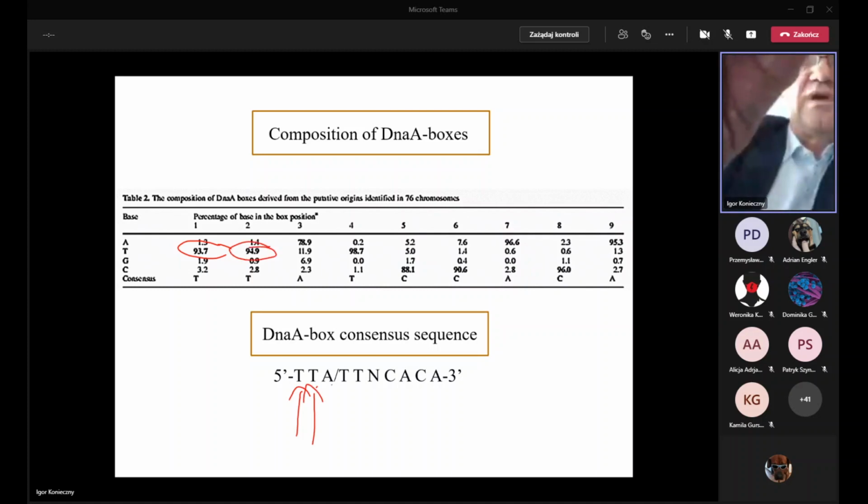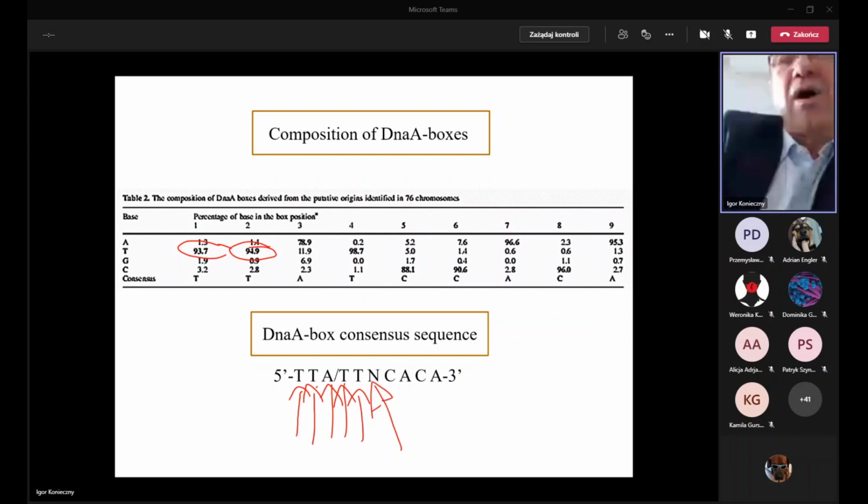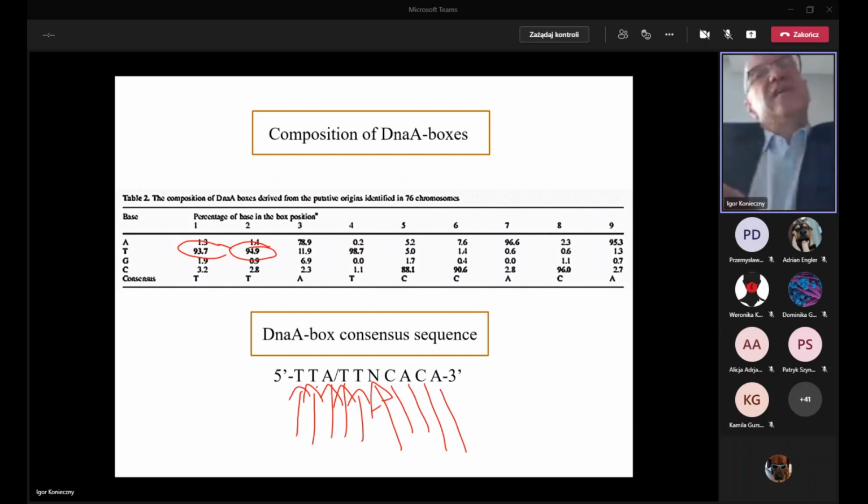Then the other position is also T. Then we have A or T. And then T. N stands for any nucleotide. Then C, A, C, A, with some probabilities as well. So that gives this consensus sequence, sekwencja najwyższej zgodności.